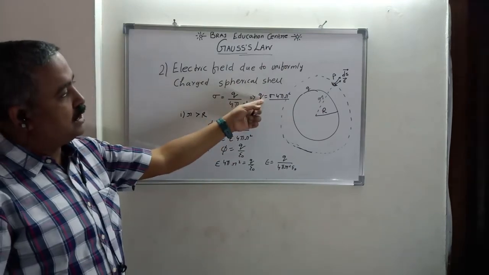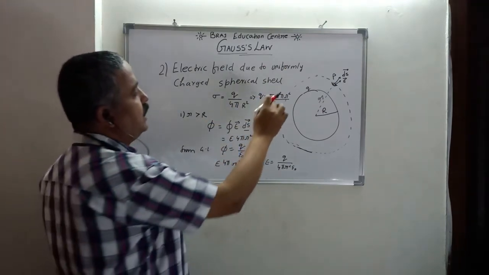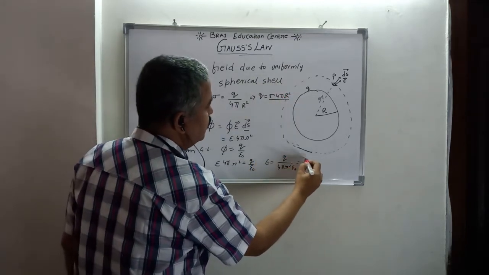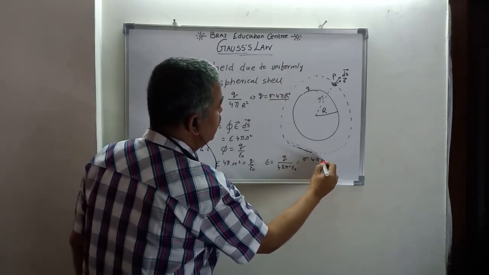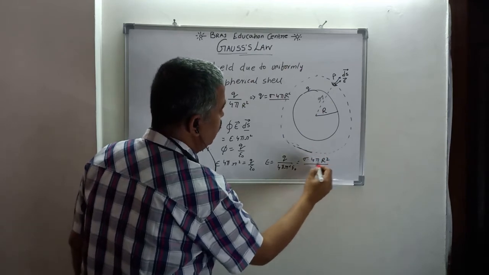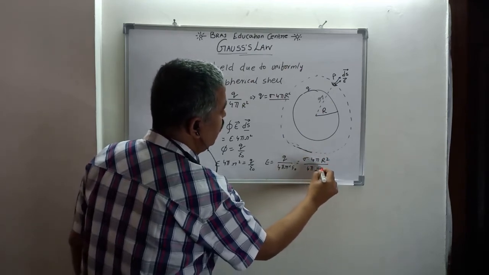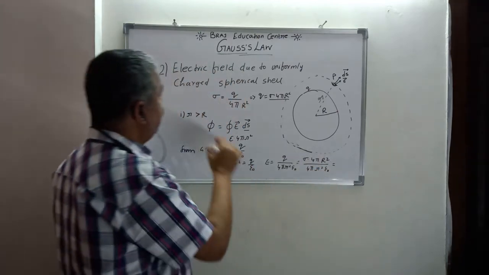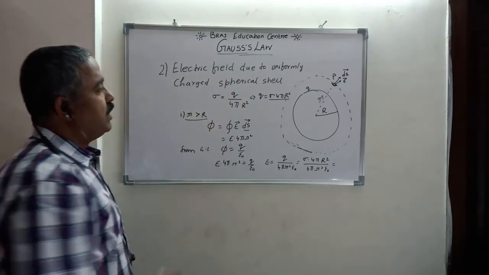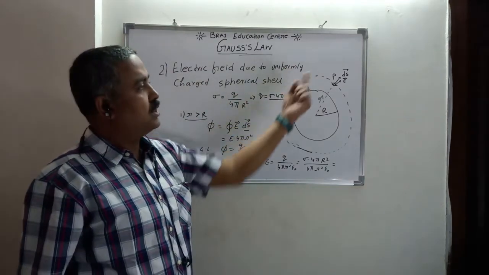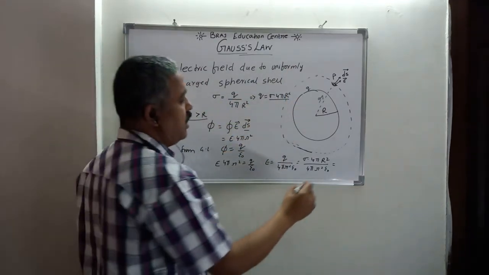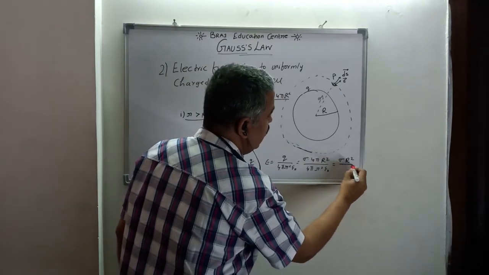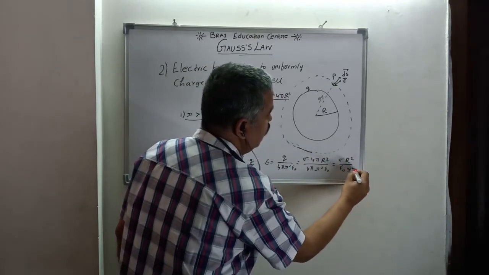Remember, we can substitute q over here, and this would be capital R. We get sigma into 4 pi capital R square upon 4 pi small r square epsilon naught. Therefore, electric field for the point where this P lies outside the uniformly charged spherical shell comes out to be sigma R square upon epsilon naught small r square.